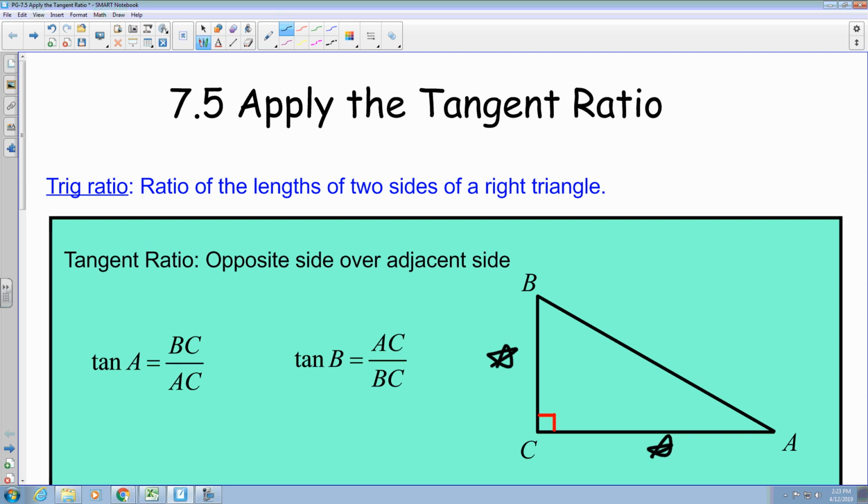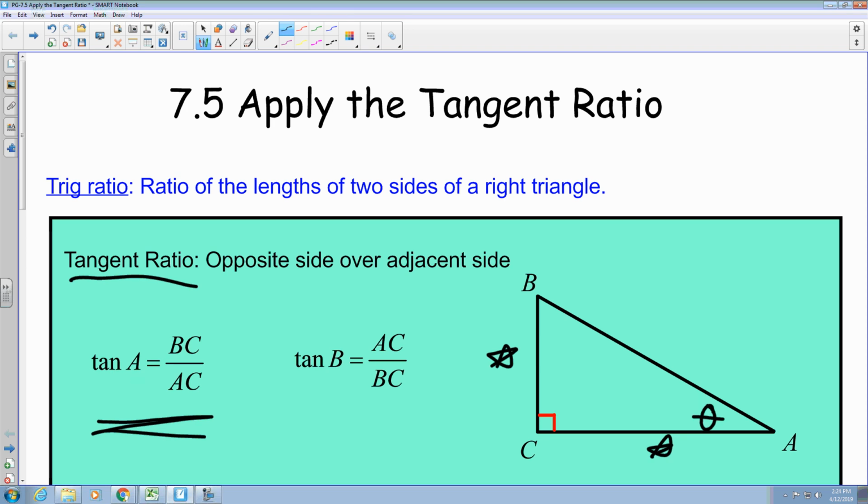So they told us here that my tangent ratio is opposite side. Now, when they talk about opposite side, that's the opposite side of the angle that you know, over, which means divided by, the adjacent side. So this first trig ratio says the tangent of angle A, so we'll just call this theta.